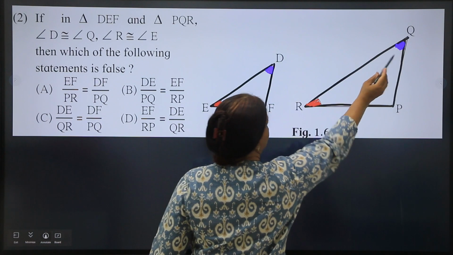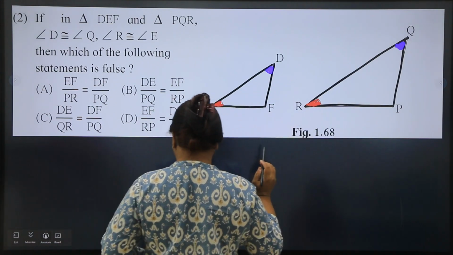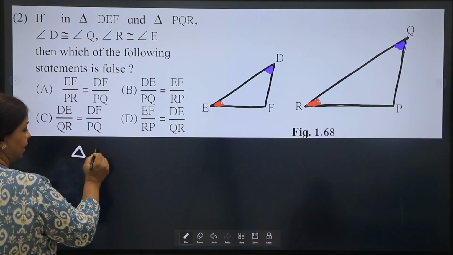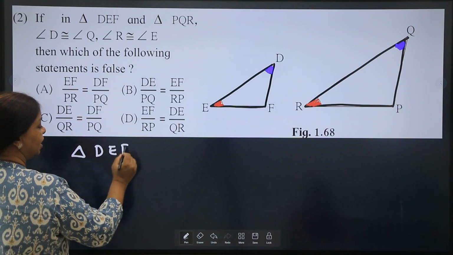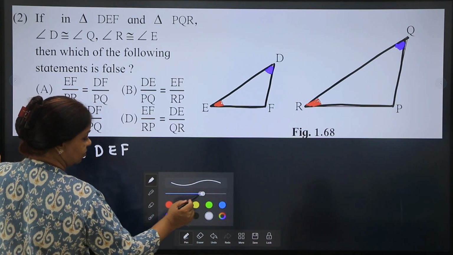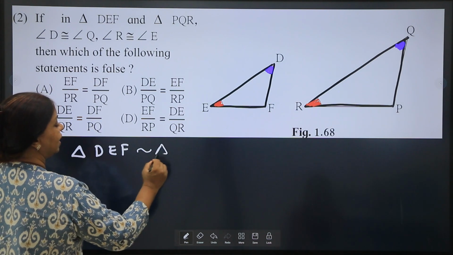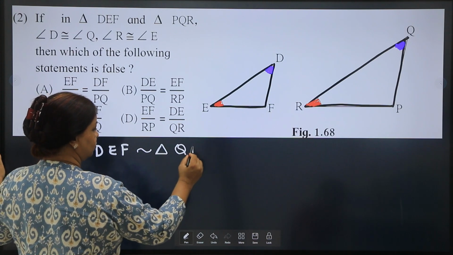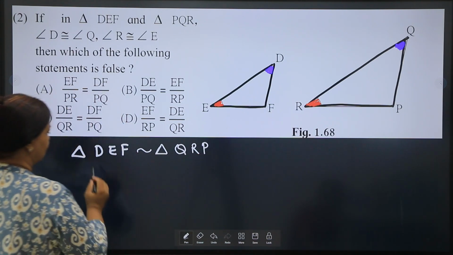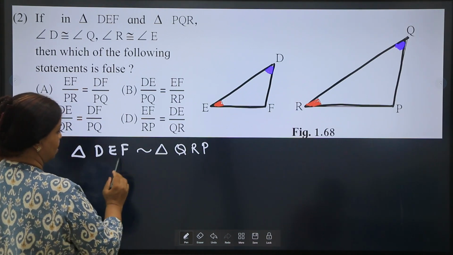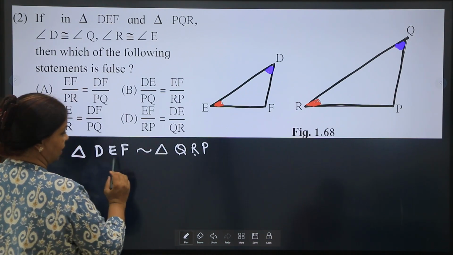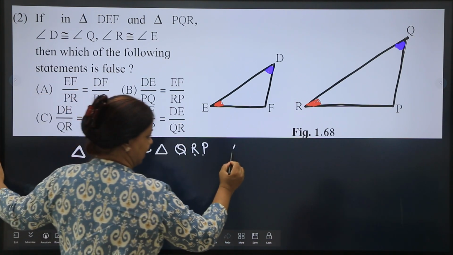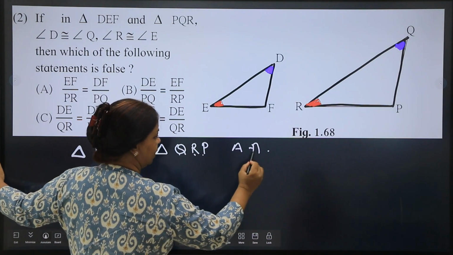If D is equal to Q and E is equal to R, then triangle DEF is similar to triangle QRP. D corresponds to Q, E corresponds to R and F corresponds to P. These two triangles are similar by the angle test because two angles are equal.